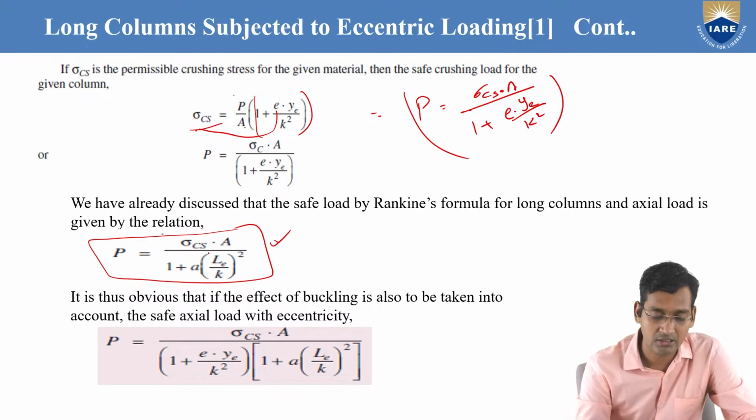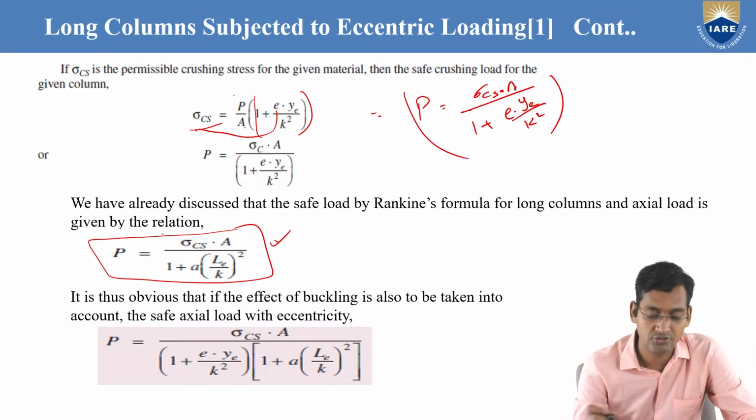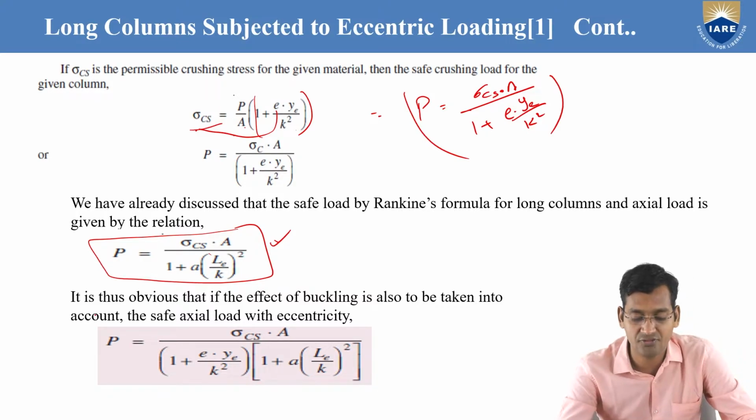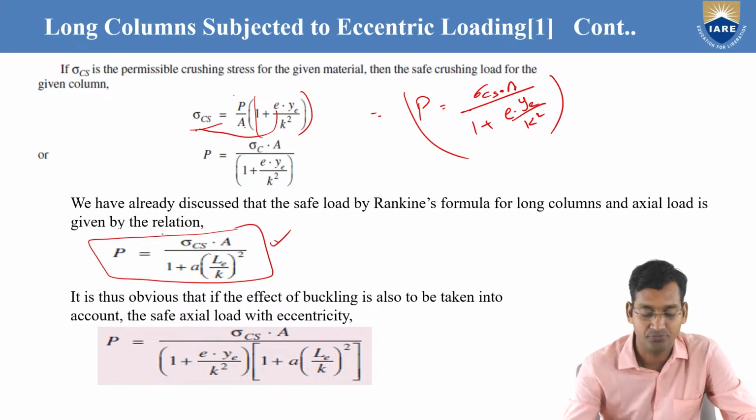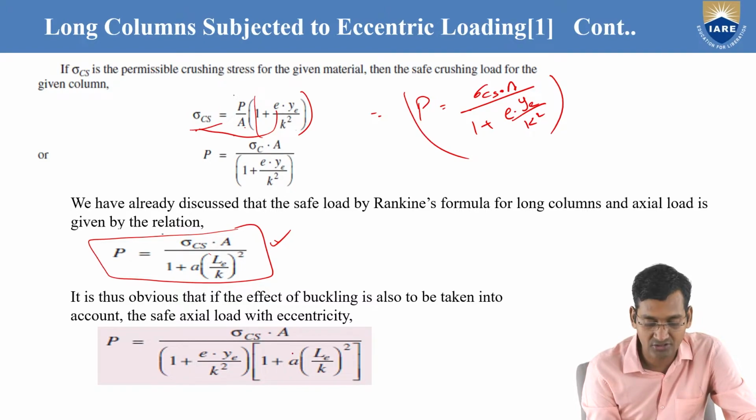So now just compare this formula. It is thus obvious that if the effect of buckling is also to be taken into account, the safe axial load with eccentricity... Here just see the difference. This is without eccentricity. Now if eccentricity is there, then this term will get added.